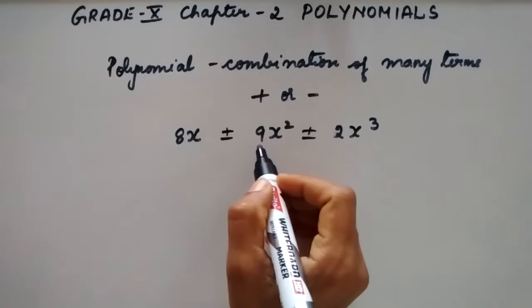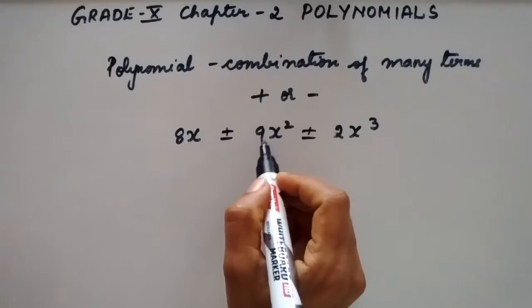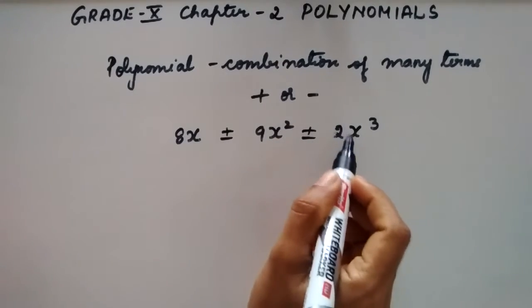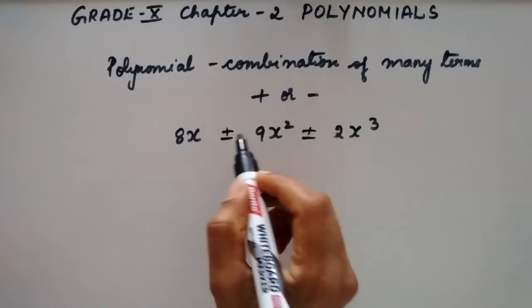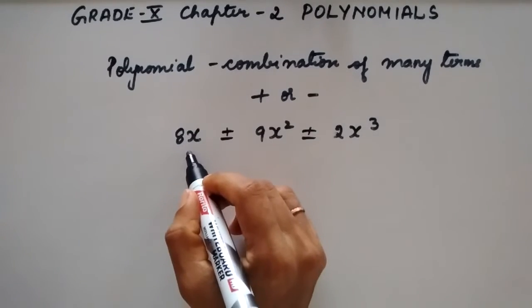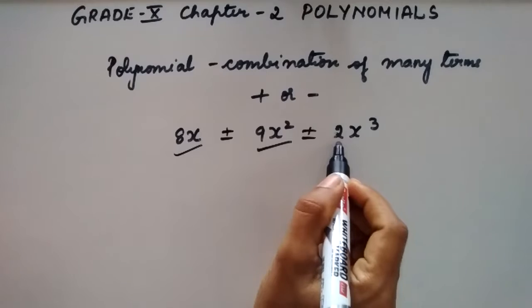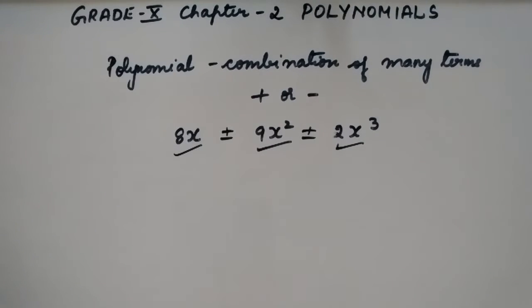So 8x plus or minus 9x squared plus or minus 2x cubed is a combination of many terms, here it is term 1, term 2, term 3. Is this clear? Okay.